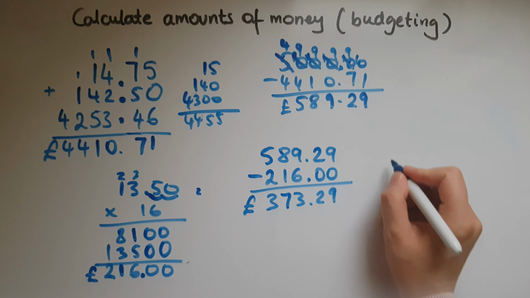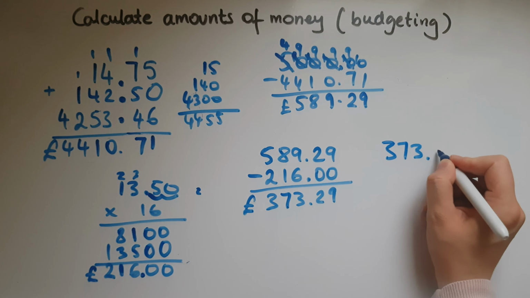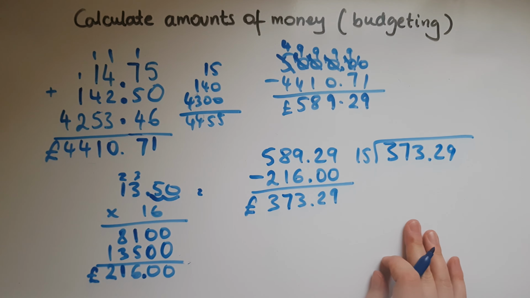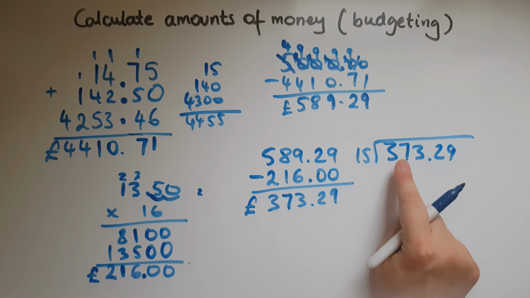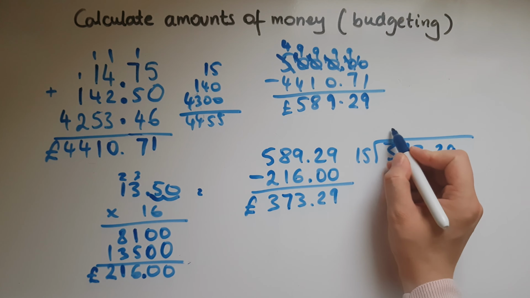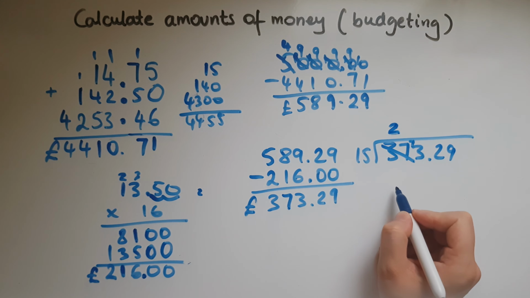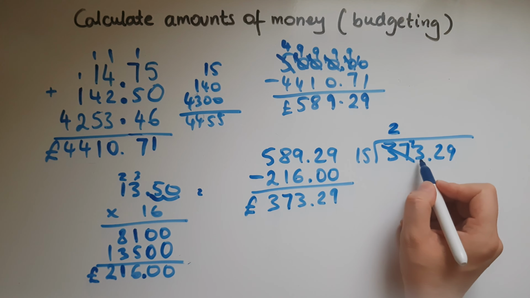Okay, so 373.29 divided by 15, because that's the cost of each book. So how many 15s fit into 37? That's going to be 2 of them, because that makes 30. So we've got 7 left. How many 15s would fit into 73?